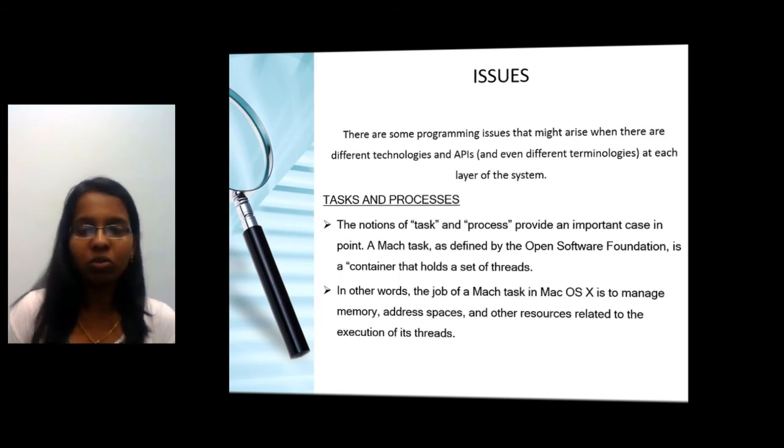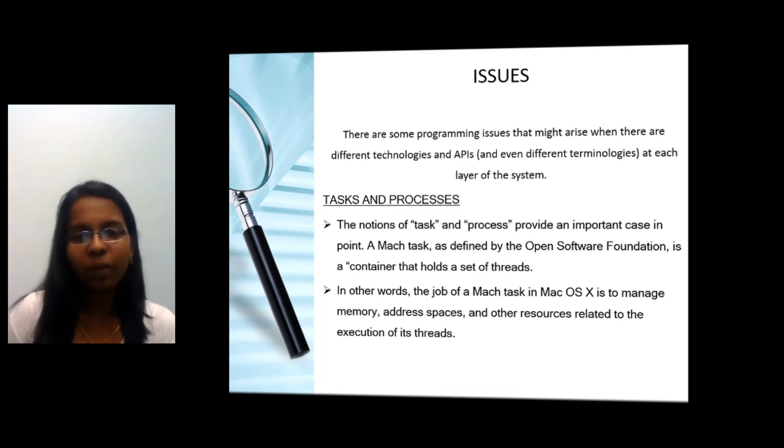We have some issues in the Mac. First is task and process. Task and process provides important cases like Mac task, BSD process, Carbon process, and so on. A Mac task, as defined by the Open Software Foundation, is a container that holds a set of threads.